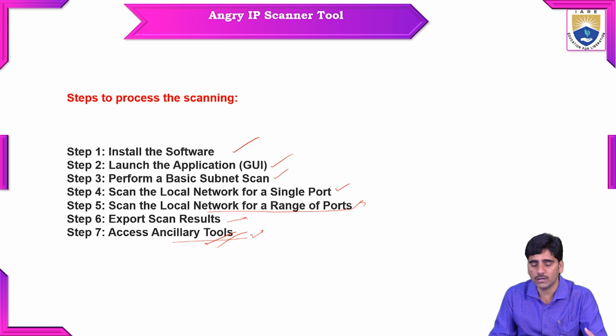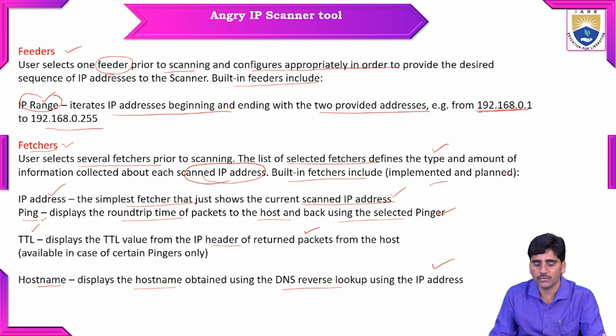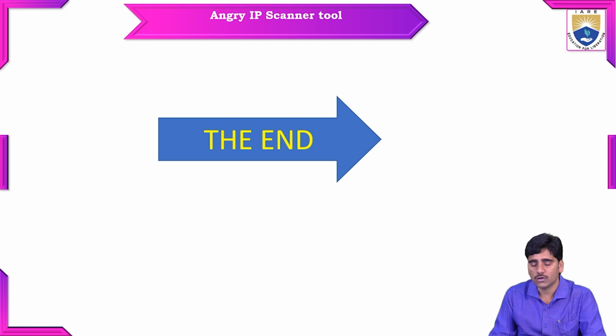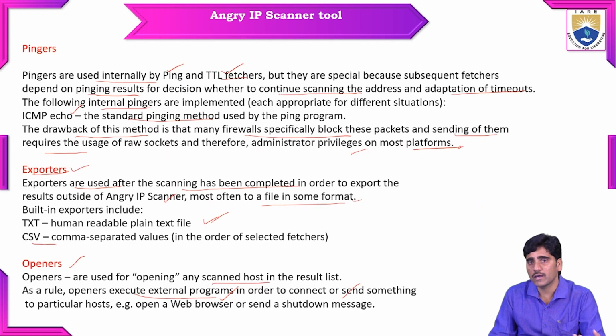Take any of the options and perform the range of ports scan. After scanning, export the scanning result and use any of the auxiliary tools like feeders, fetchers, pingers, exporters, openers. These are all tools available in the Angry IP Scanner tool window. After all this, we can understand that Angry IP Scanner is a best and efficient tool to perform scanning of IP addresses.